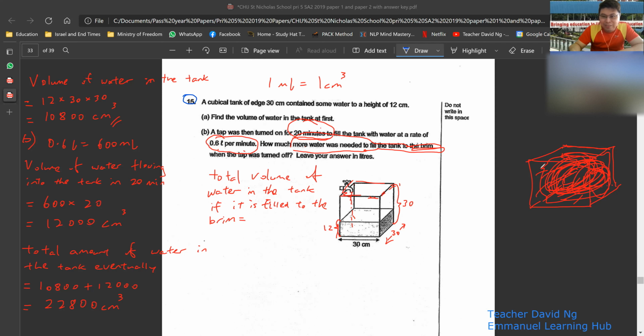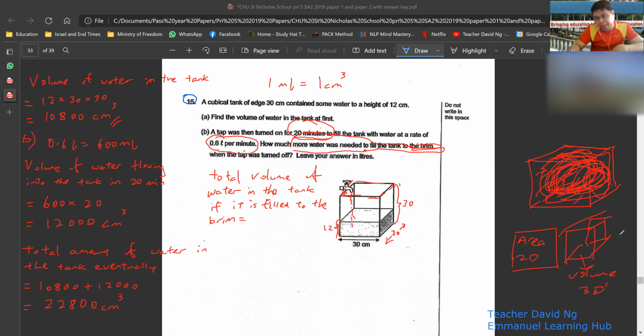Does that make sense? Both are the amount of space. The difference is area is 2D, two-dimensional, and volume is 3D, three-dimensional.